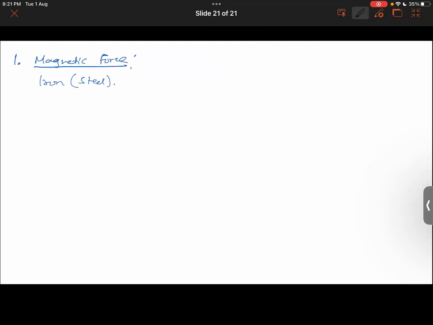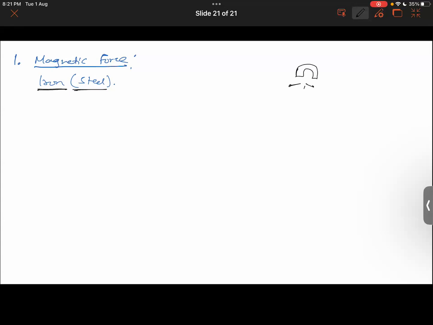No, to iron objects, it will only attract, in every situation. Objects made up of iron, or objects consisting of some amount of iron, will get attracted to a magnet. If you have some iron nails or pins and move them towards a magnet, they will be attracted to it.